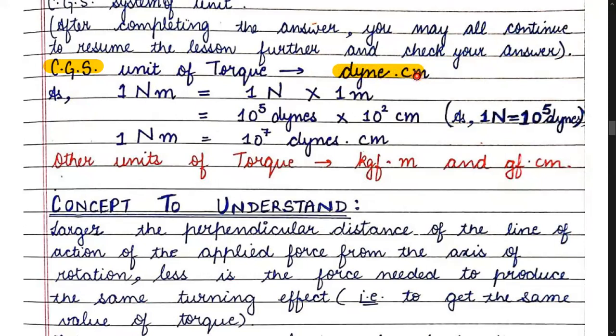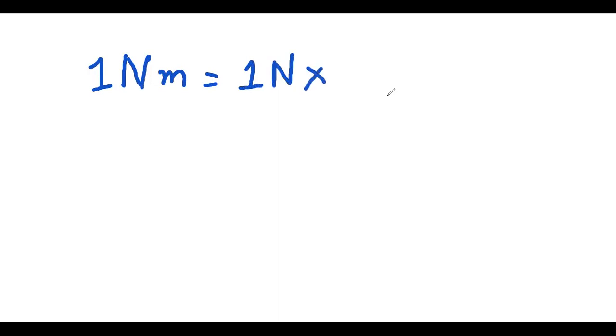And now the conversion, the relation between Newton meter and dyne centimeter. First of all, 1 Newton meter can be said as 1 Newton multiplied by 1 meter.